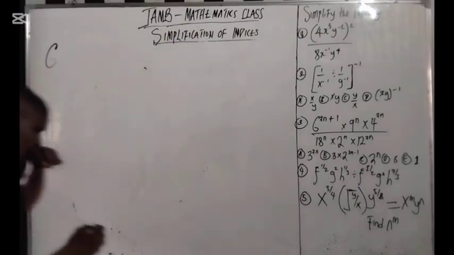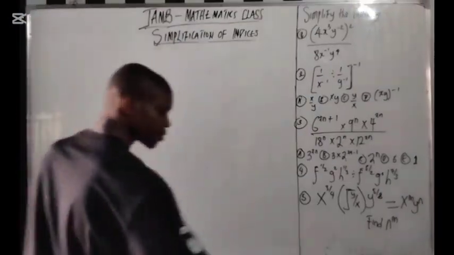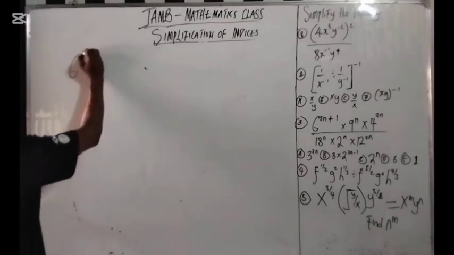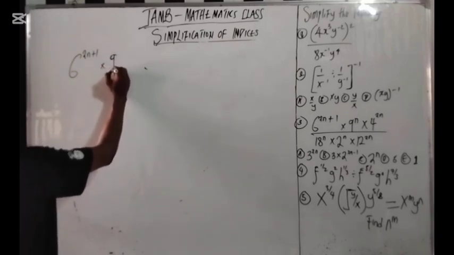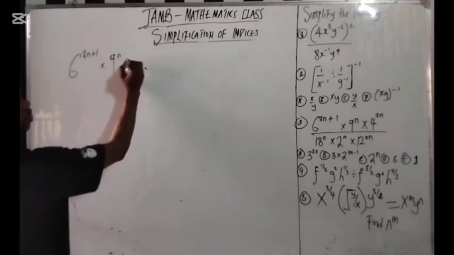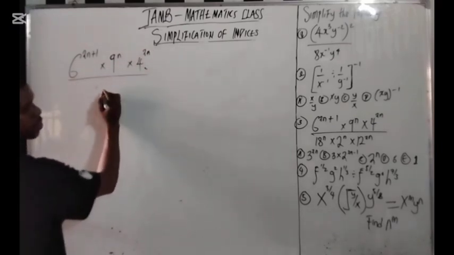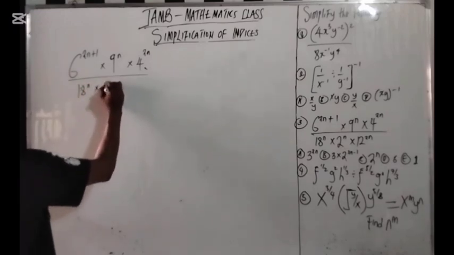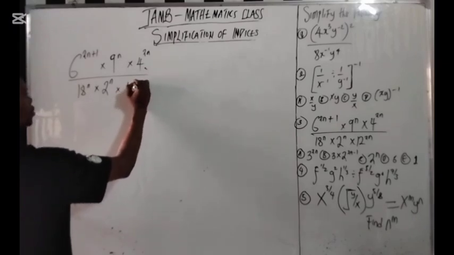So you have 6 raised to 2n plus 1 times 9 raised to n times 4 raised to 2n, over 18 raised to n times 2 raised to n times 12 raised to 2n.